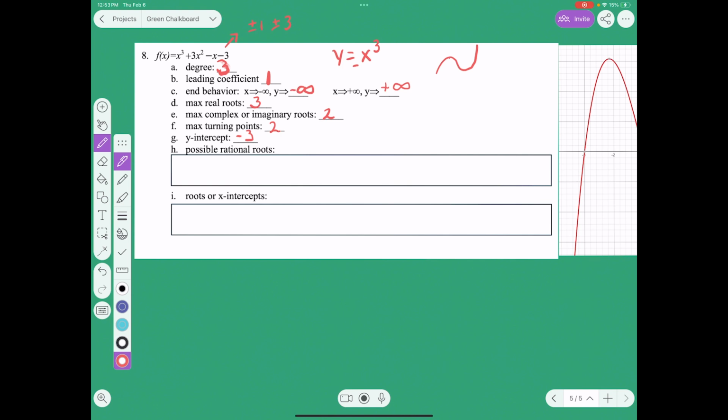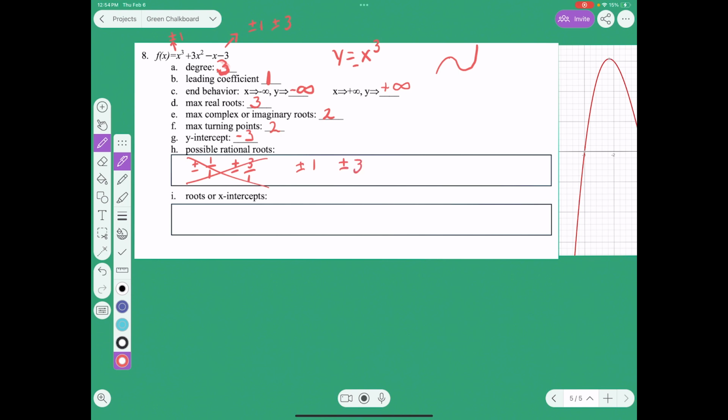And out front, which is nice, I just have a 1 coefficient, so it's just going to be plus or minus 1. So my possible rational roots will be plus or minus 1 over 1 and plus or minus 3 over 1. That's the same thing as plus or minus 1 or plus or minus 3.